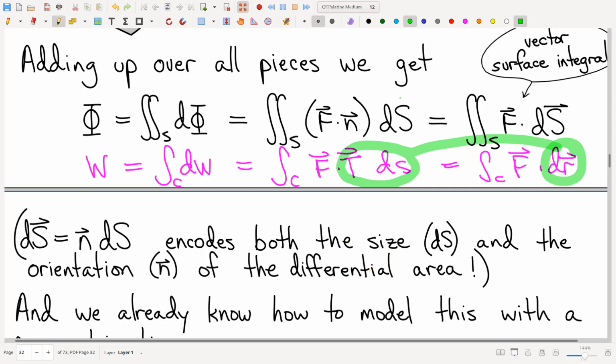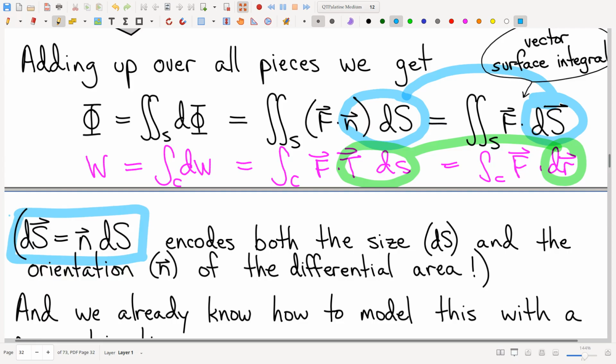Now, let me do this in a different color. I'm going to take the n and the ds together. Again, orientation and size: everything I might need to know about that little piece of surface, whatever little piece of surface we're interested in for this d phi. Orientation and size, that's all we need to know, and that we're going to call dS vector.